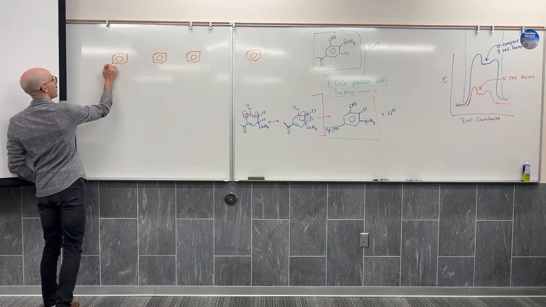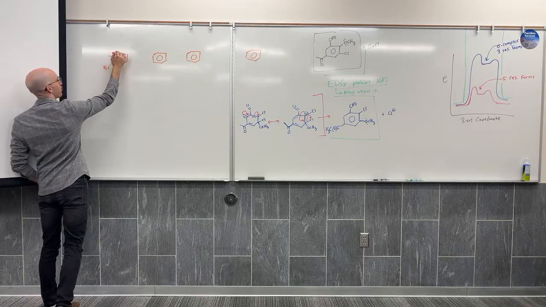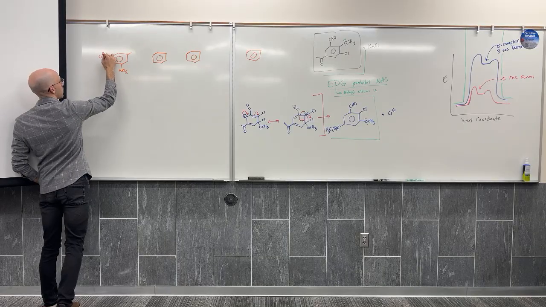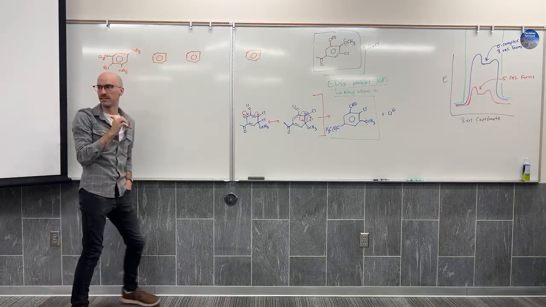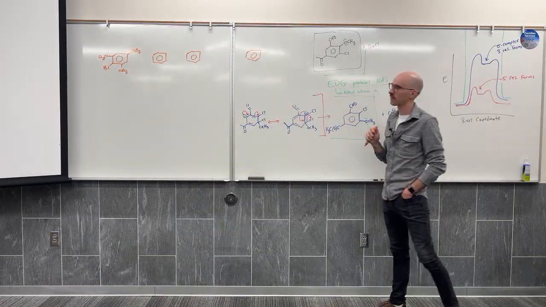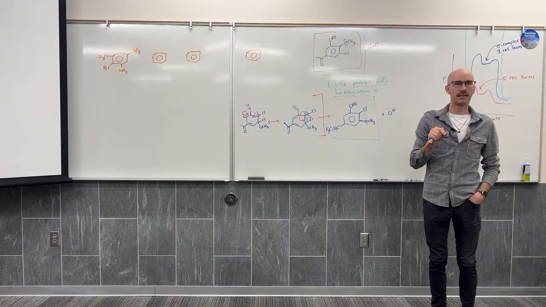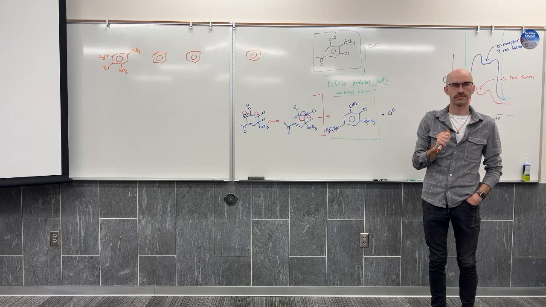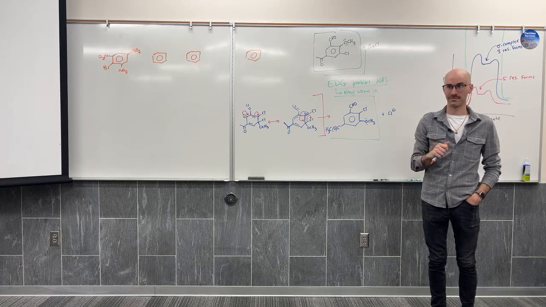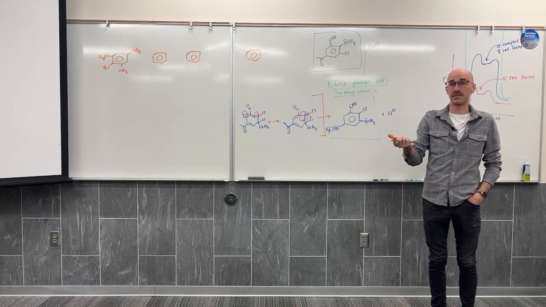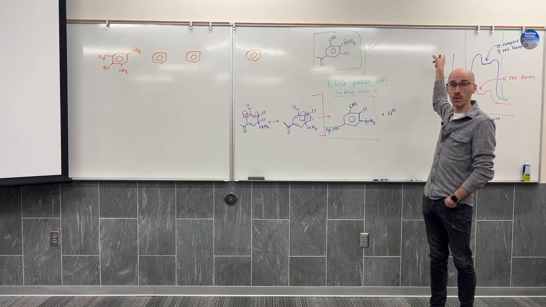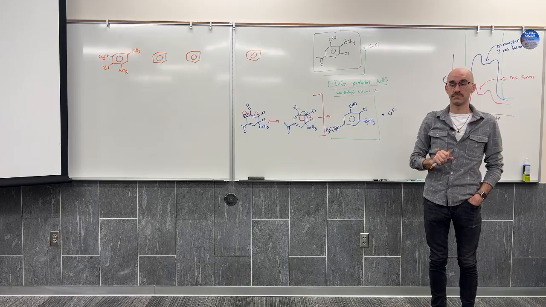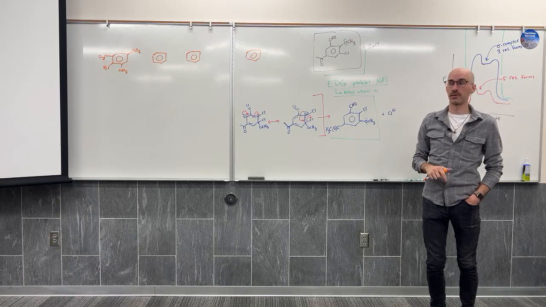Good. 2-bromo, 1,3,5 trinitrobenzene. That was the most reactive. Why do you think that's the most reactive to NAS? It has the most resonance structures. And it has the most resonance forms because it has the most electron withdrawing groups.